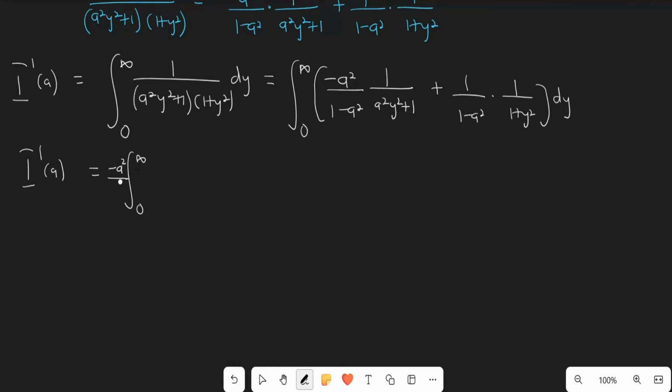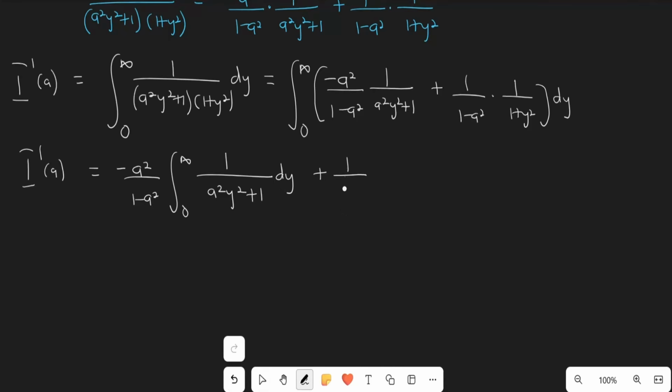Negative a squared all over 1 minus a squared, and this is multiplied by the integral from 0 to infinity of 1 all over a squared y squared plus 1 dy. Next one is plus 1 all over 1 minus a squared, because this is a constant. Then we have the integral from 0 to infinity of 1 all over 1 plus y squared dy.